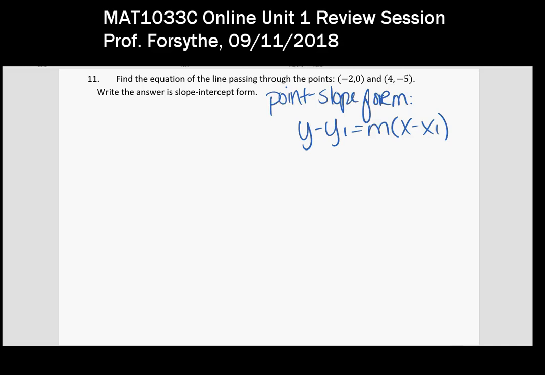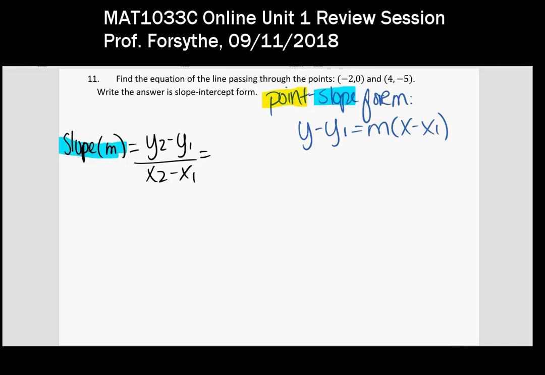For point-slope form, we need a point and a slope. We have 2 points, but we don't have a slope. So we need to first find the slope, which is m. To do that, we're going to use our slope formula: subtract your y values divided by subtracting your x values.